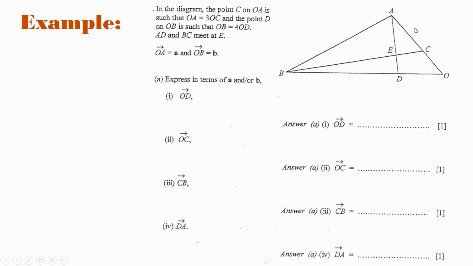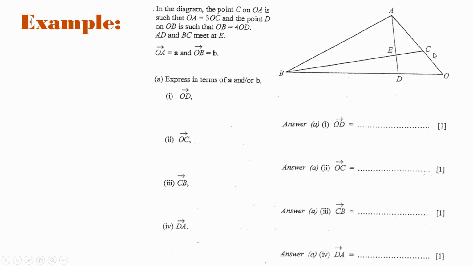And OB is such that OB is 4 times OD. So this is 1/4 of the way along, and this is 3/4 of the way along, because that one's 4 times as long as that one. They also say that AD and BC meet at a point E, but that's pretty obvious.